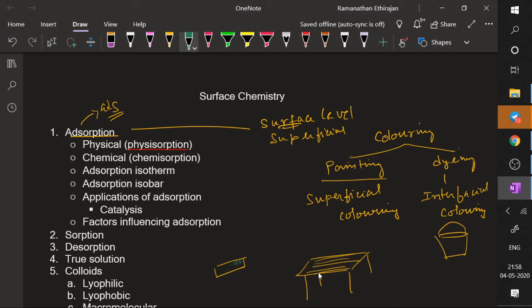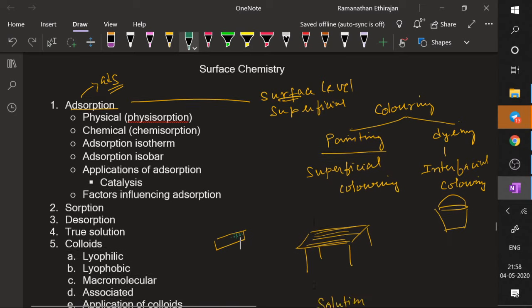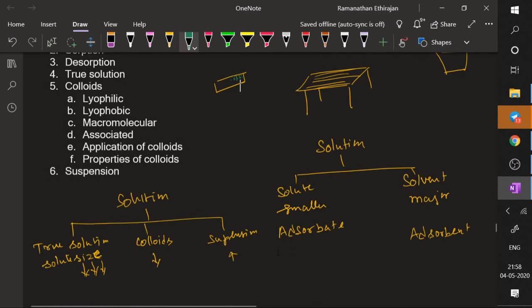What do you mean by adsorbent? That is the substrate over which the adsorbate is diffused. When the interaction or the bond between the adsorbent and adsorbate is of physical nature, that is van der Waals force, then it's called physisorption.